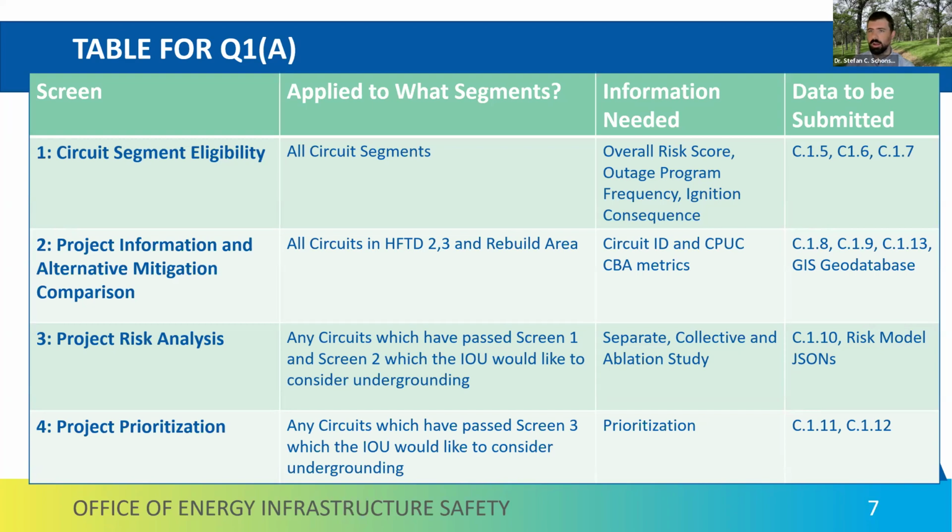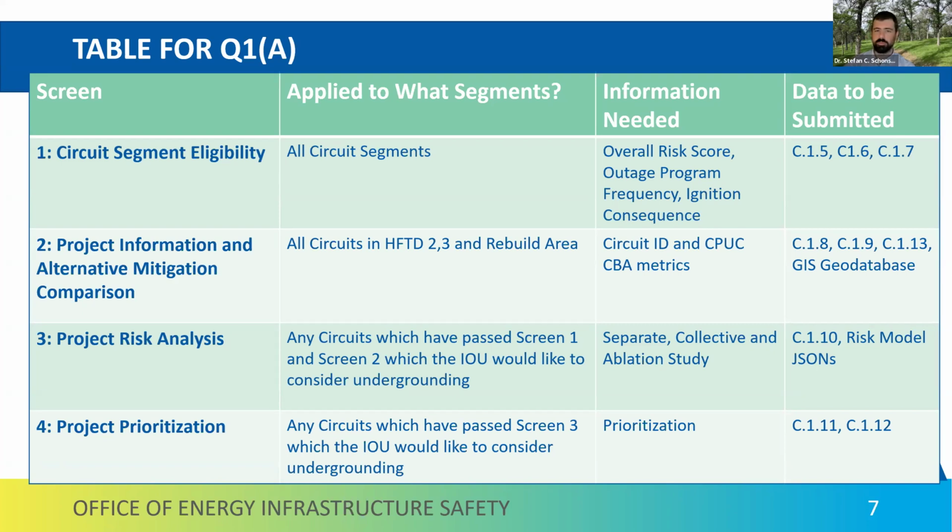And at this point, the projects also need to be included in the GIS data submission, showing, for example, where the lines are being removed from, and giving an idea of what the right-of-way for the new underground line would be.